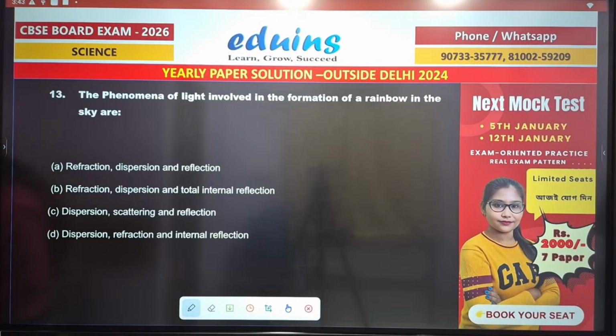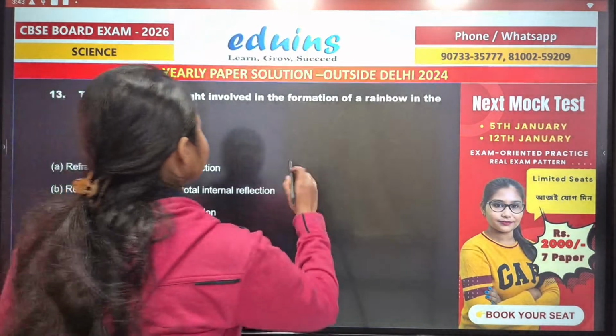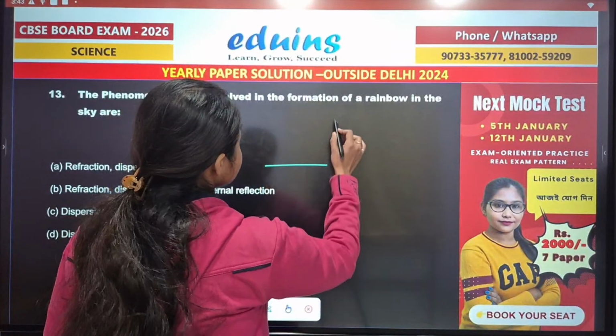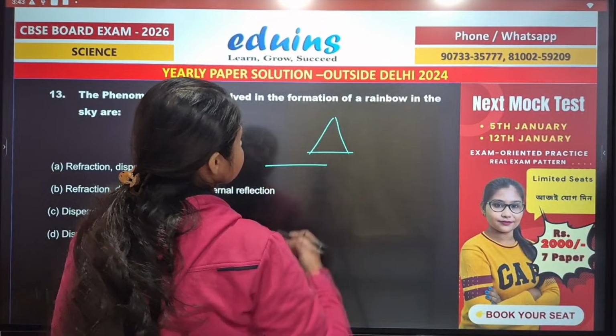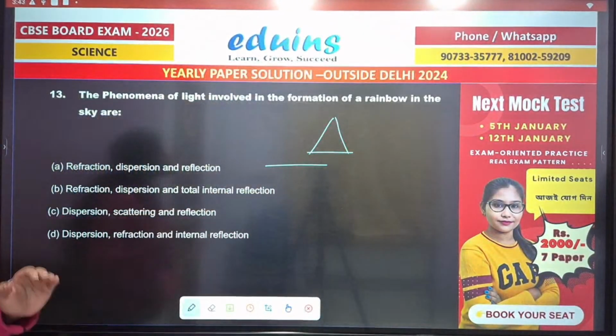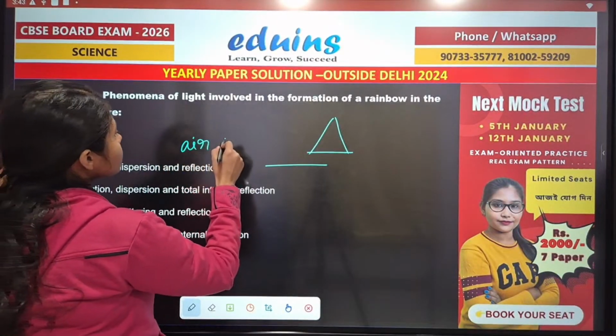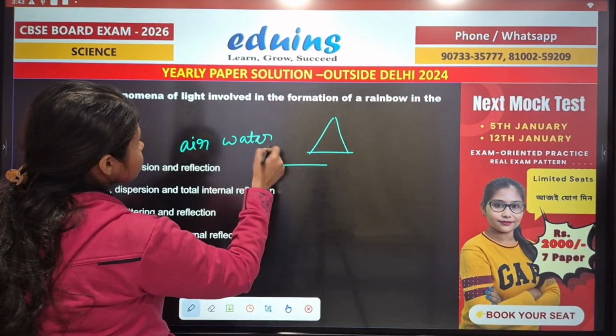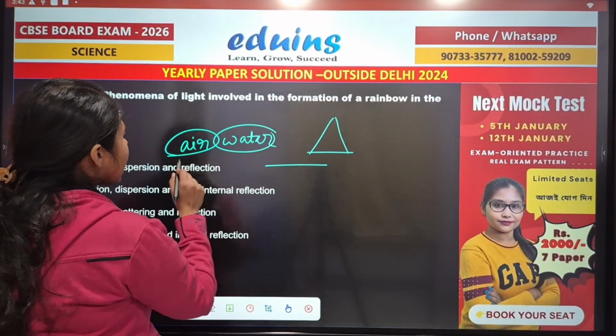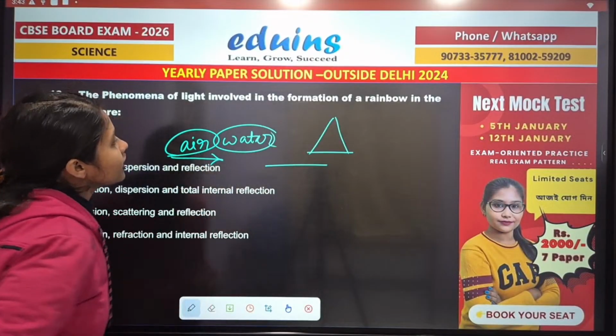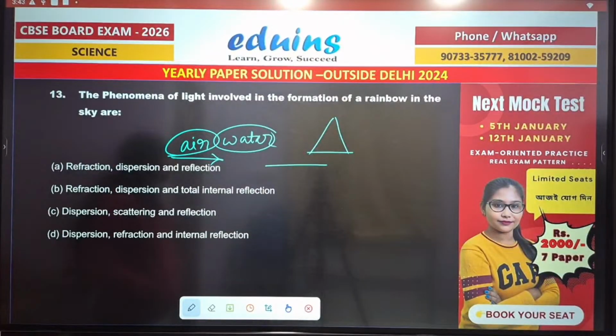Okay, so at first we have to know that these are the two media. One is air and one is water. So when light comes from air to the surface of water, what happens?